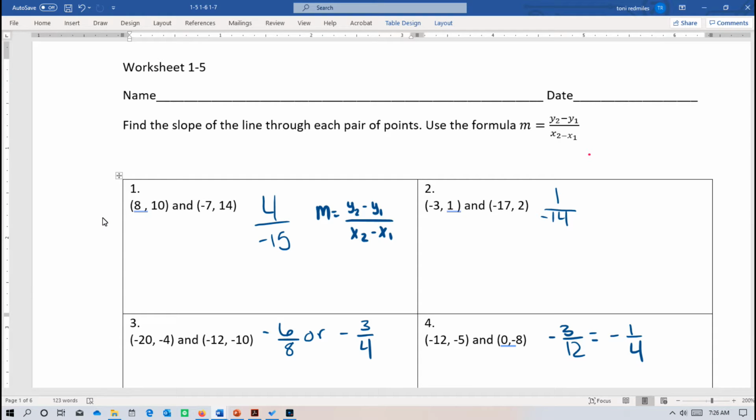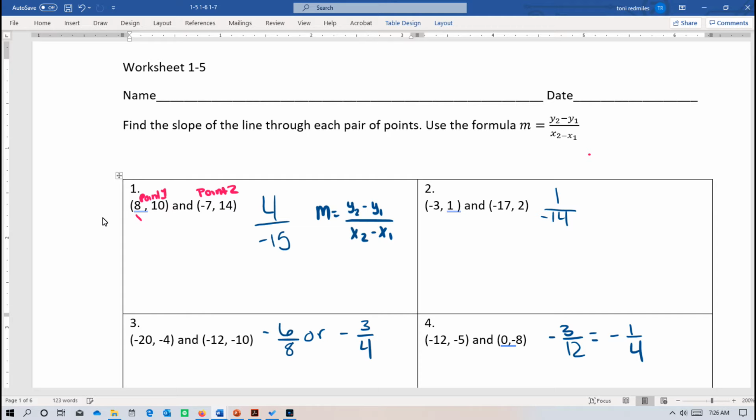It's just an organizational tool to make sure you have your point 1s lined up top and bottom and your point 2s lined up top and bottom. So I'm just going to say for this first one that this is point 1 and this is point 2. And if you were to reverse that, you would still get the same answer as me. Okay, so I'm going to go ahead and fill everything into my equation.